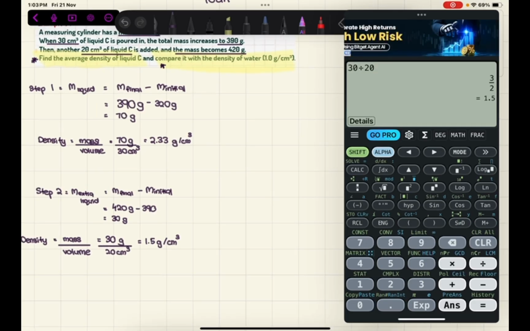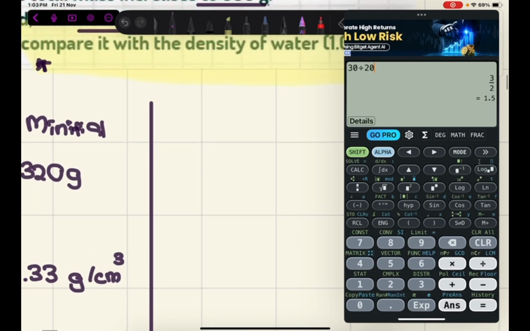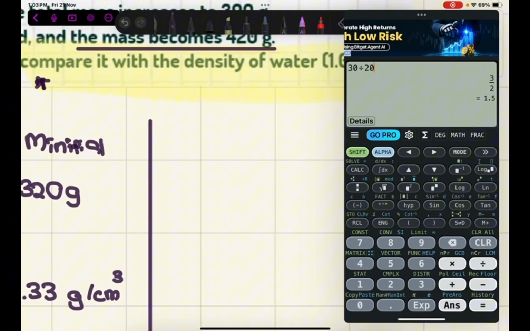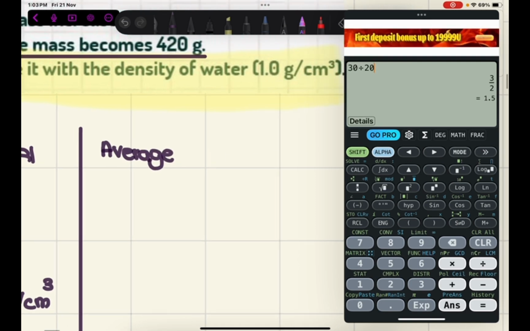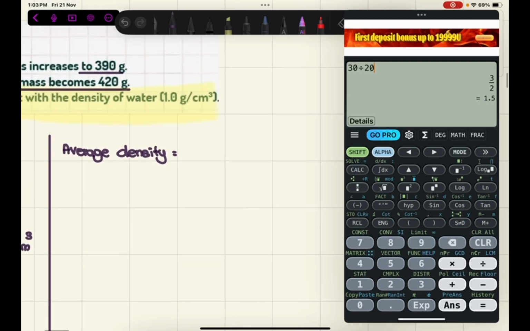So for the average, you need to divide by the number of values.